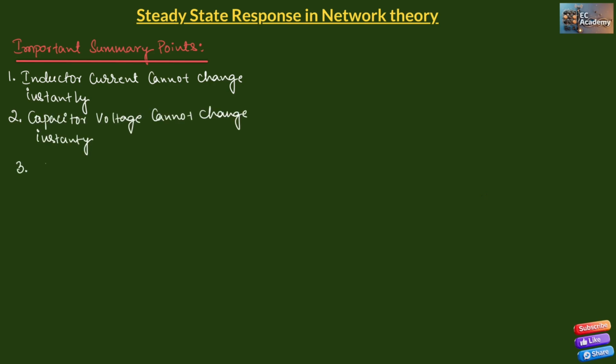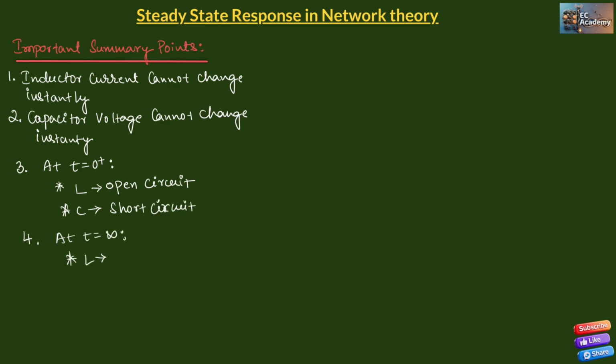The first point is that the inductor current cannot change instantaneously. Next, the capacitor voltage cannot change instantly. So, at initial condition, the inductor will act as open circuit and the capacitor will act as short circuit. At steady state, the inductor will act as a short circuit and the capacitor will act as open circuit.